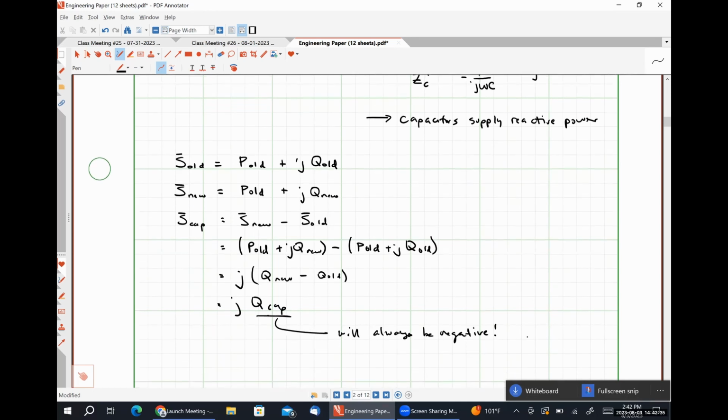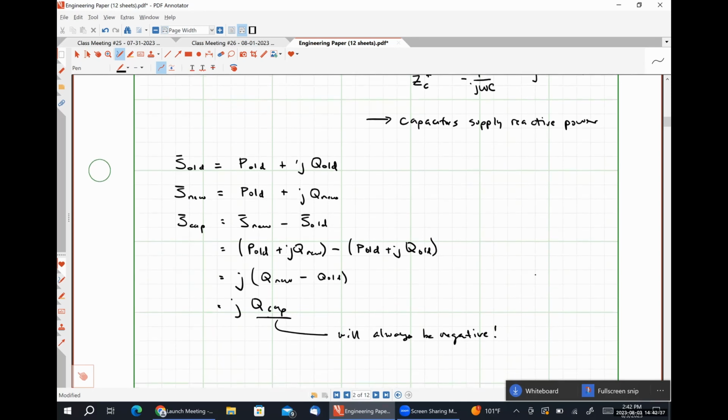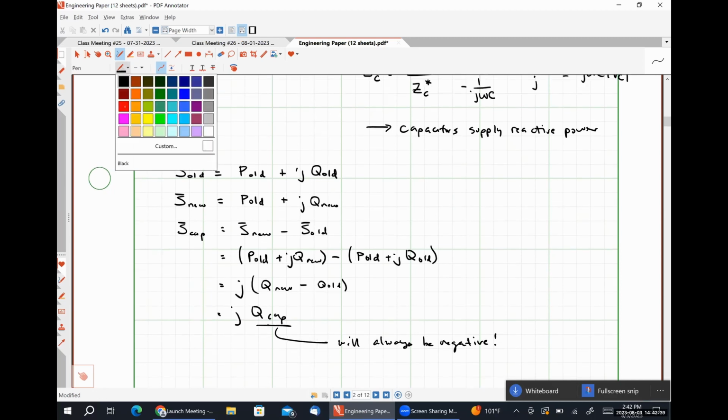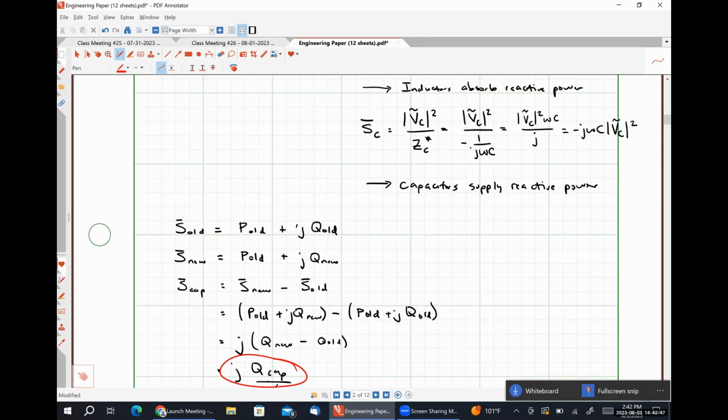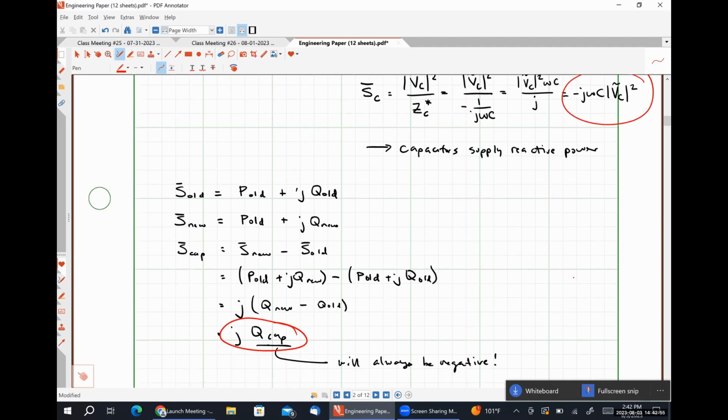Okay. So we have this relationship for the complex power being provided by our capacitor. And we also have this relationship for the complex power being provided by a capacitor. So we're literally just going to set them equal to each other.